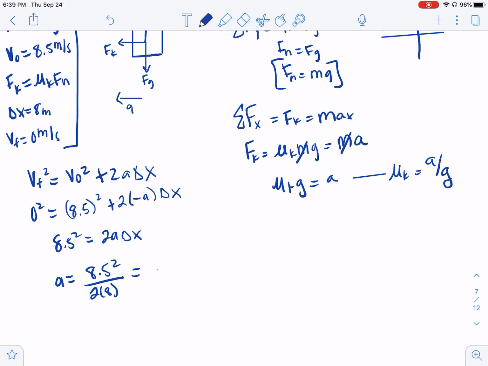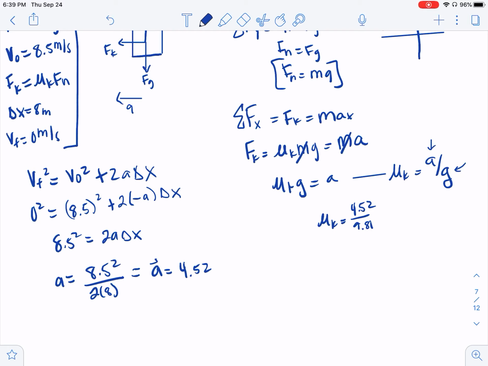When I do this, let me pull out my calculator. 8.5 squared divided by 16 gives me 4.52. So I'm going to say my mu k is equal to 4.52 divided by 9.81, so my acceleration and my gravity. And we get a mu k of approximately 0.46.